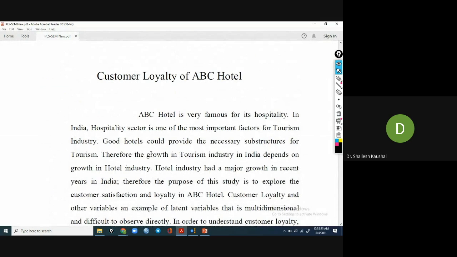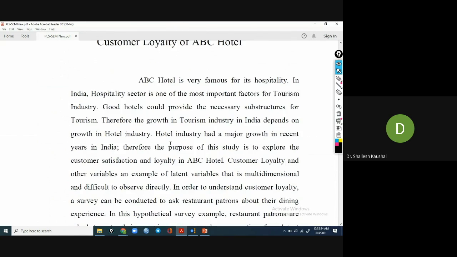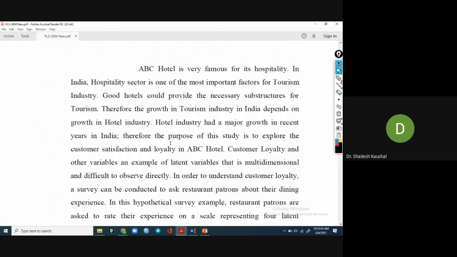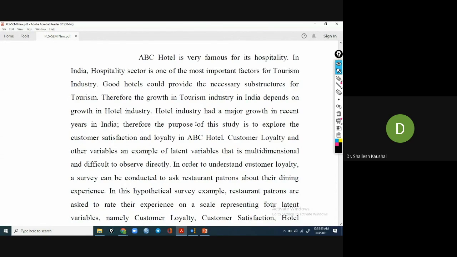Customer loyalty of ABC Hotel. ABC Hotel is very famous for its hospitality in India. The hospitality sector is one of the most important factors for the tourism industry. Good hotels provide the necessary infrastructure for tourism. Therefore, growth in the tourism industry in India depends on growth in the hotel industry.